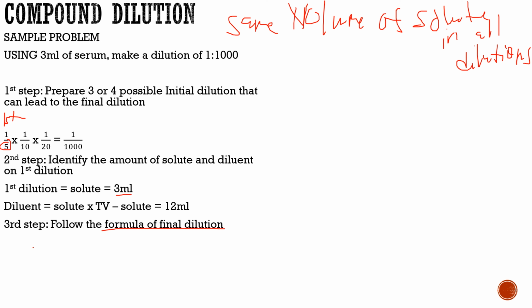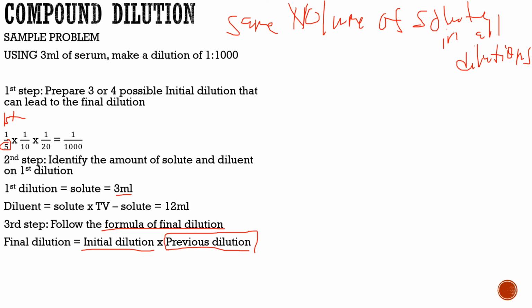For the formula of final dilution, again, final dilution is equal to the initial dilution times the previous dilution. Sir, may question kami. Ano yung previous dilution class? Previous dilution, sorry. Previous dilution would come from basically from the previous dilution.